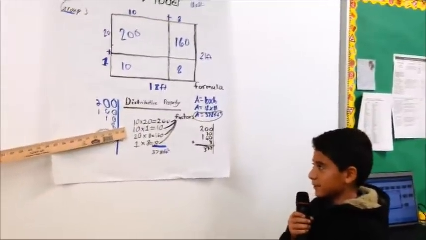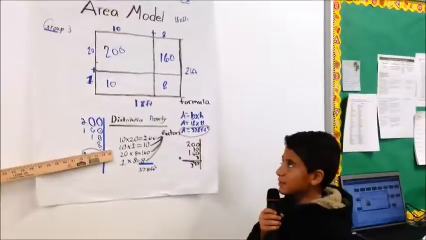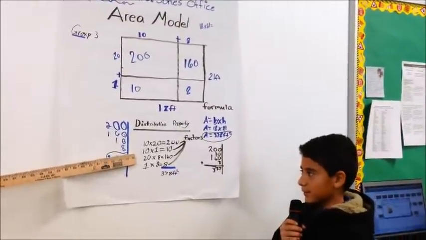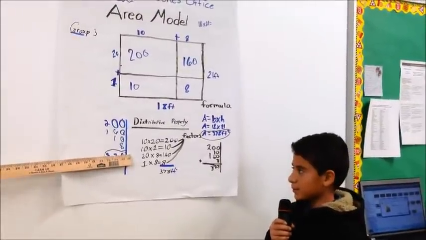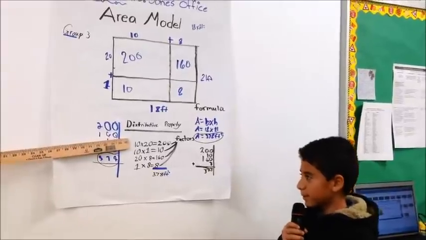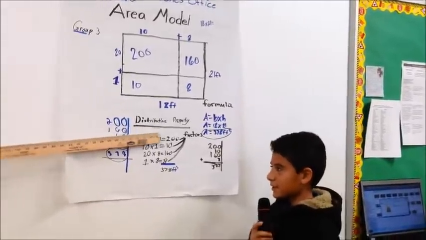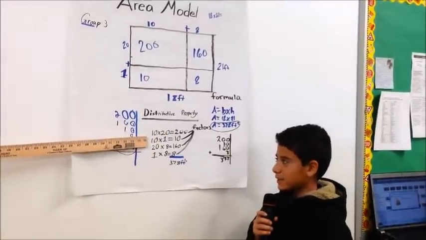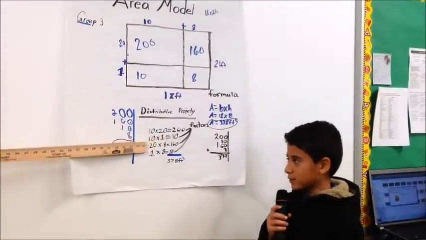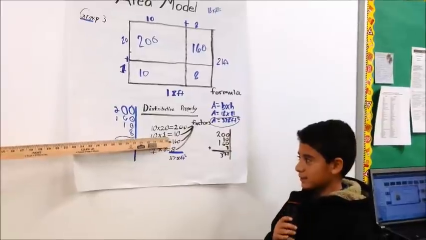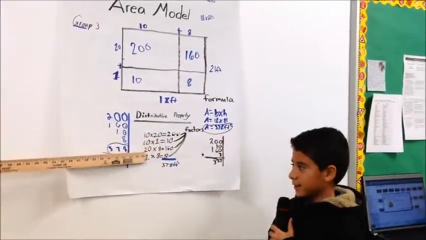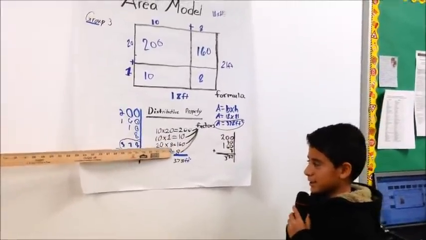I took the factors from the area model, and we decomposed 18 and 21. So 10 times 20 is 200, and 1 times 10 is 10, and 20 times 8 is 160, and 1 times 8 is 8.